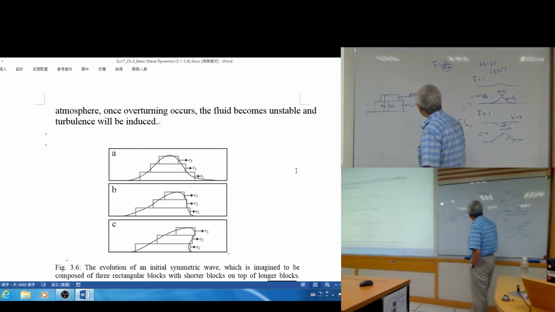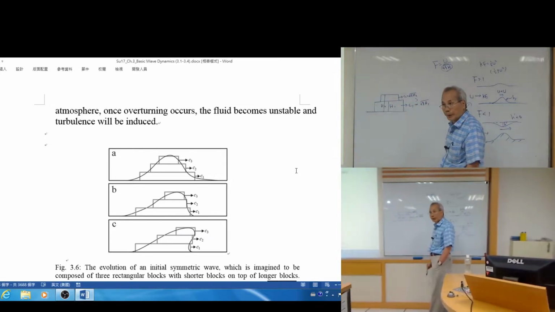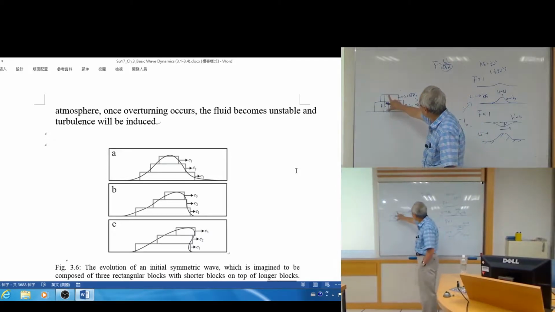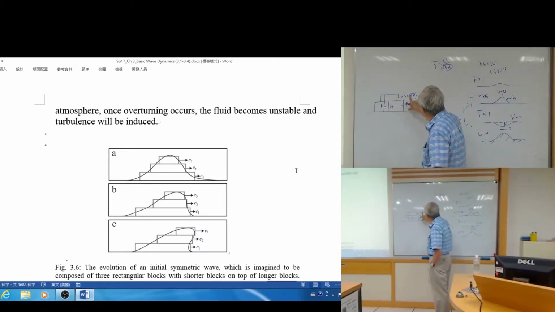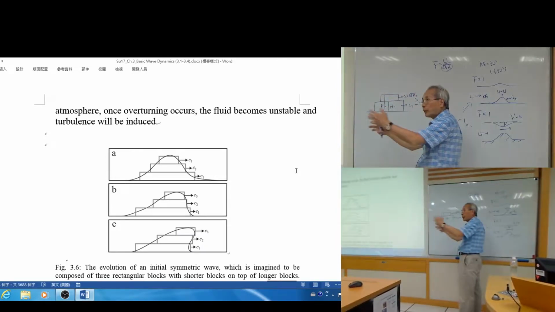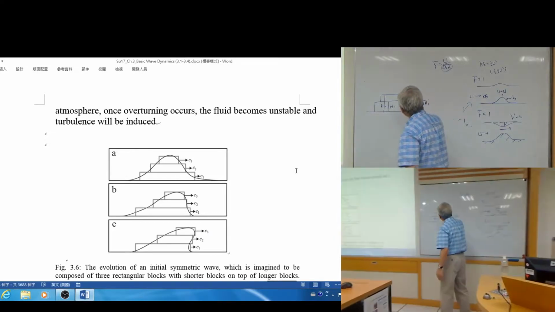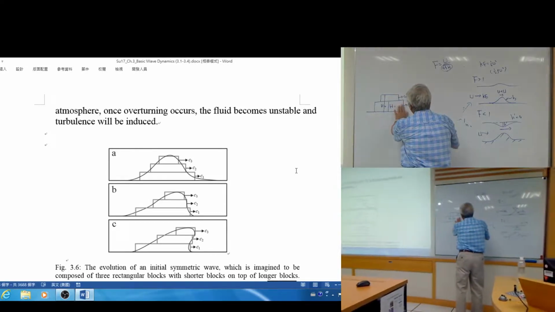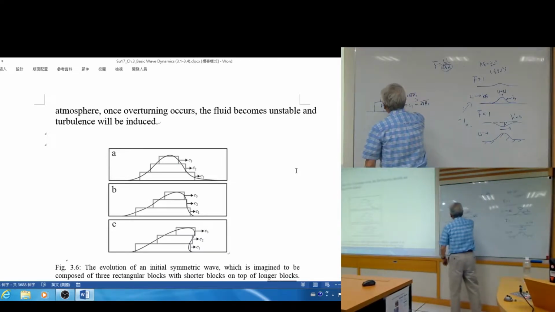Right? So C2 will be greater than C1. Agree? Because it's deeper. That deeper fluid will give you stronger flow. So that means C2 will be bigger than C1, and C3 will be bigger than C2.